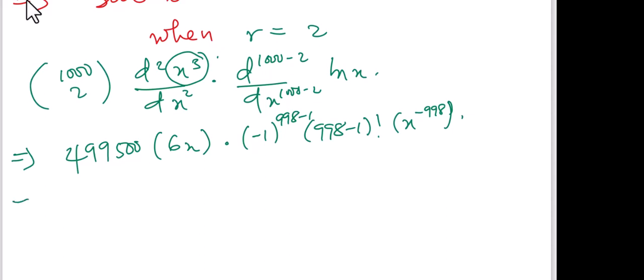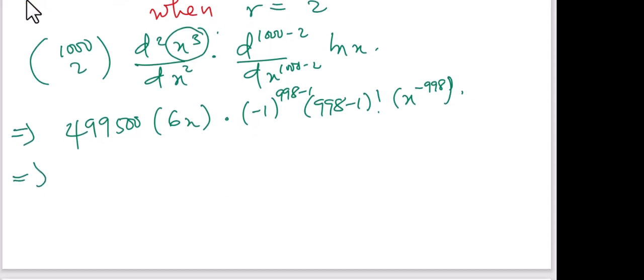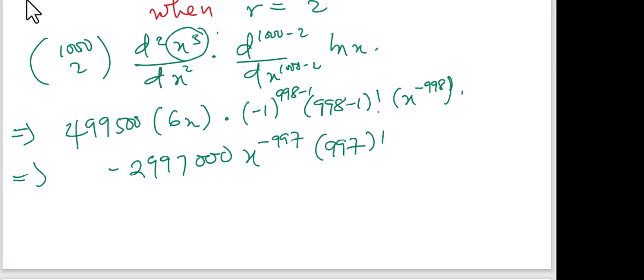So doing the arithmetic here, the whole thing will come down to negative 2997000 x power negative 997 times 997 factorial. So let's call this equation 3.